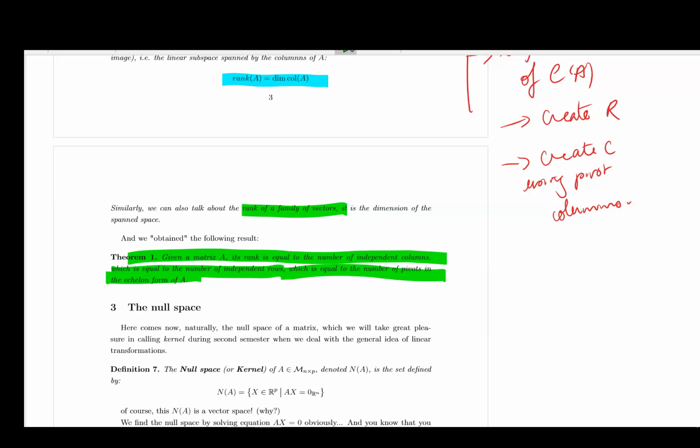And you can also use those pivots to spot the columns which are independent, and that's going to give you a basis of the column space. Okay, so that was our first fundamental vector space related to a matrix.